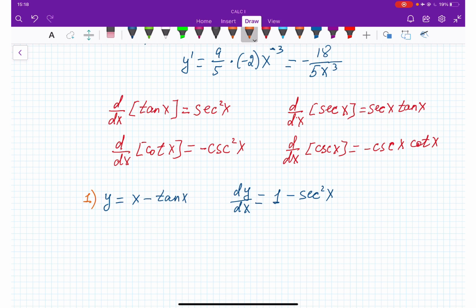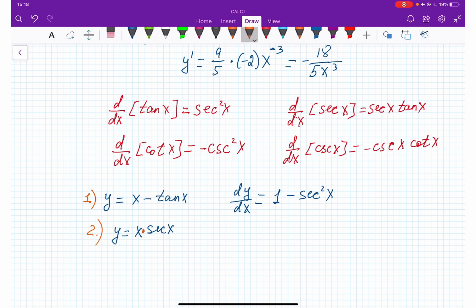Number 2, y is equal to x times secant x. Now in this case, we have multiplication between them, right? Therefore, I'm going to apply the rule of multiplication.